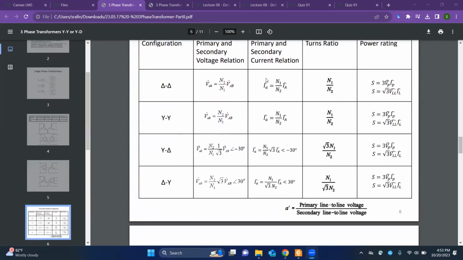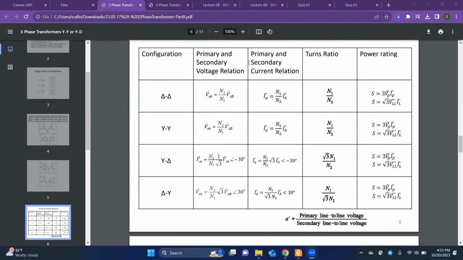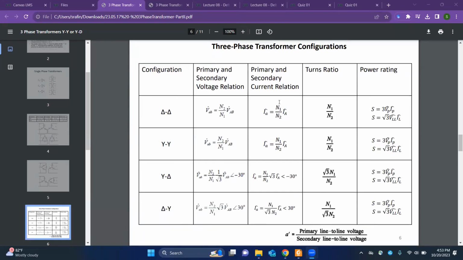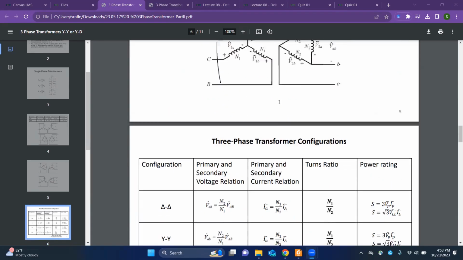Anyway, I will provide this table and these two files, so that you can have a complete table and diagrams.